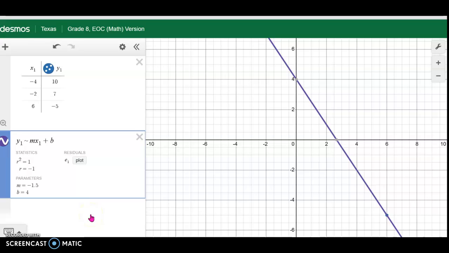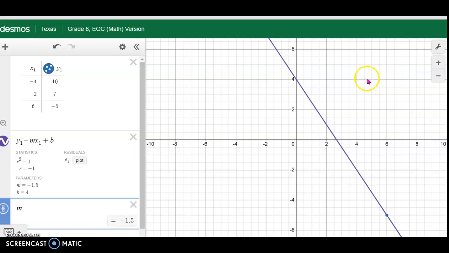Now the slope is a decimal, and many times slope is written as a fraction. So here is a way to find out how it looks as a fraction. Click on the next line, type in the letter m, and it gives you that value. And then you just need to hit this fraction button here, and it will turn it into a fraction for you, negative 3 halves.